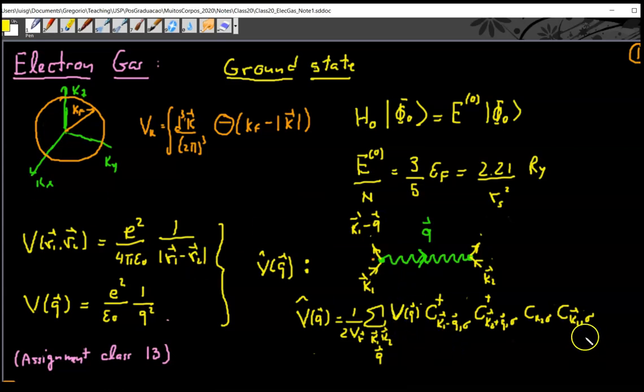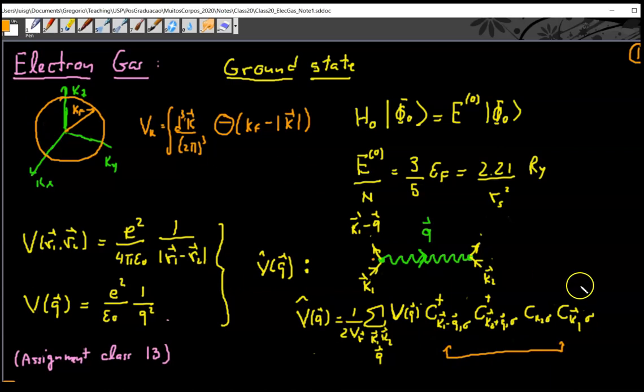If I'm destroying my electron with momentum K1, so let's put it here. Oh, sorry, let's erase that. So that would be 1, K1. And I'm pairing this with this one, right? Remember how we build this interaction in second quantization.